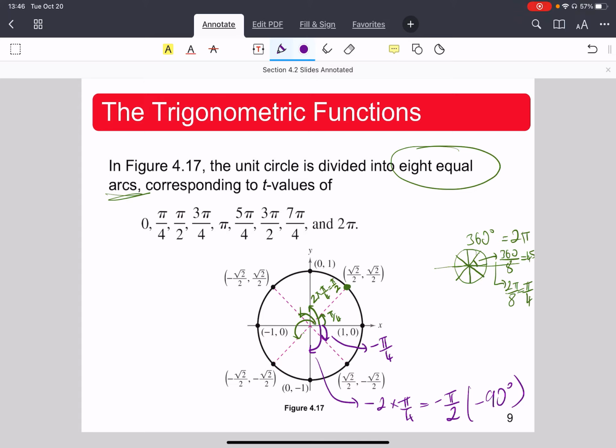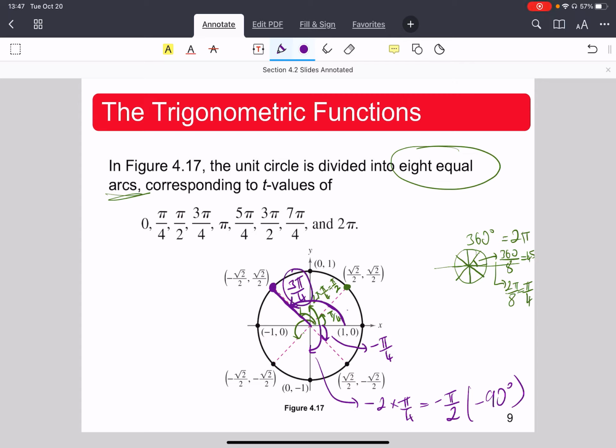Depending on what these angles are, you're going to have different things. So the thing we need to realize is for each of these points, for instance, for this point right here, I formed this point using this purple thing right here. So this angle is going to be, we have 1, 2, 3 pieces of pi over 4, so 3 pi over 4.